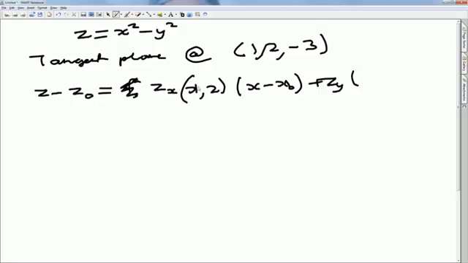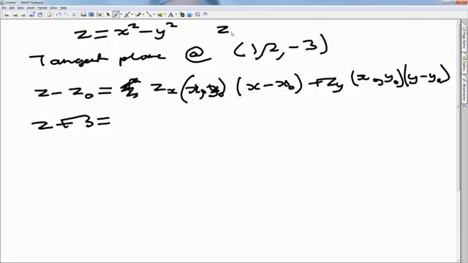I should be writing x naught, y naught here. That's the general format we have here. So it's z minus the minus 3 is equal to some partial derivatives, which we need to find out. So we should do that, right?